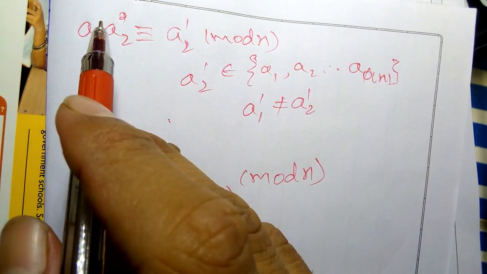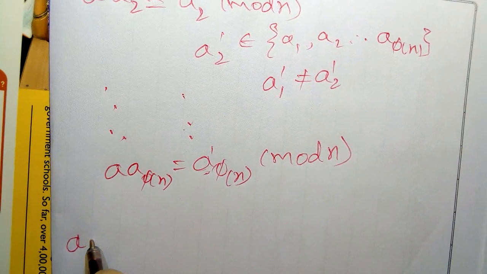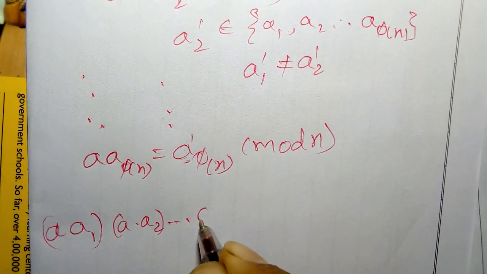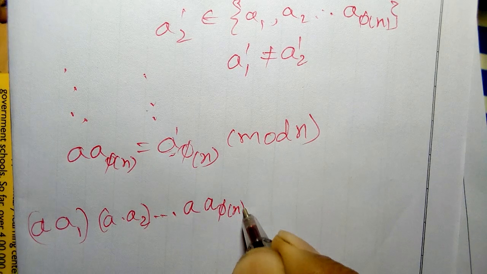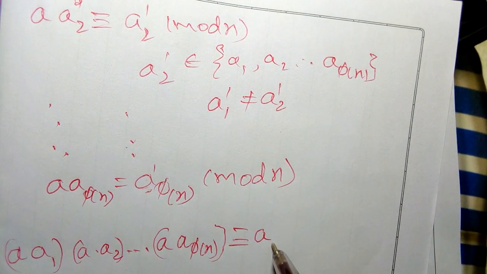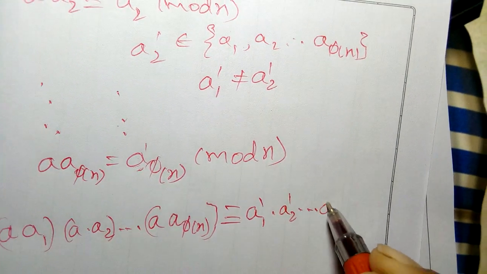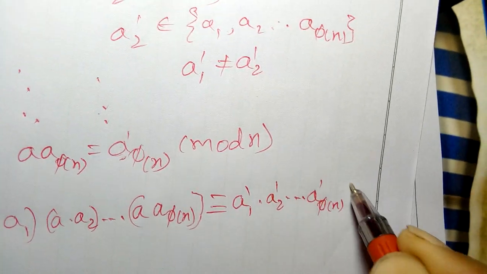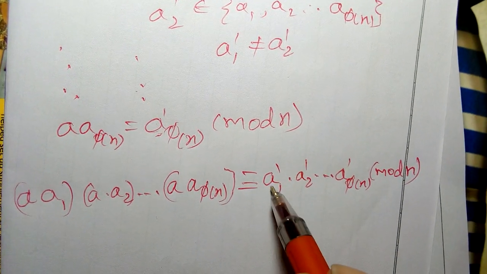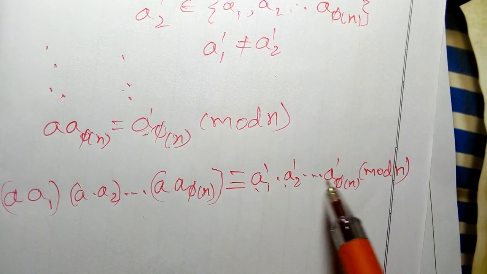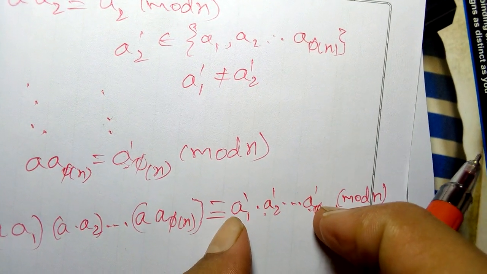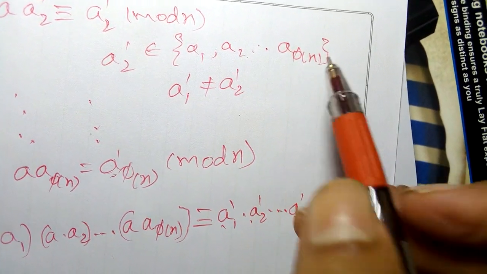This means that if we multiply all these congruences, we get a·a1, a·a2 up to a·a phi of n, which is congruent to a1 dash, a2 dash up to a phi of n dash mod n. These are phi of n different remainders belonging to this set, so instead of this we can write a1, a2 up to a phi of n.